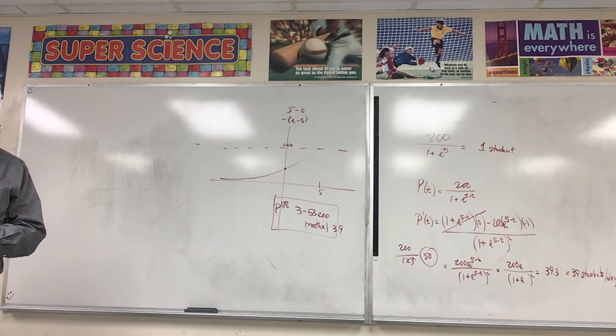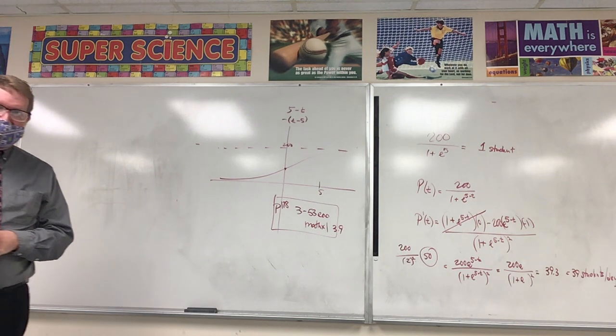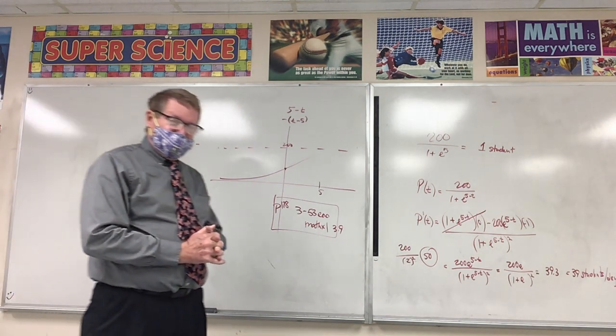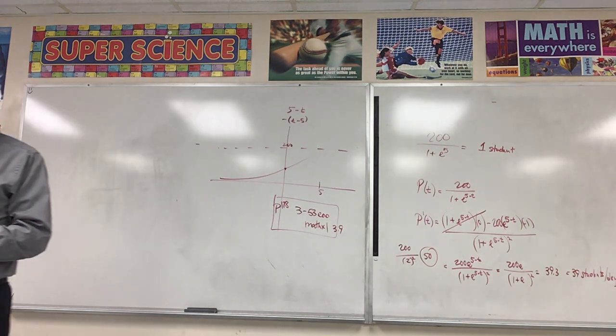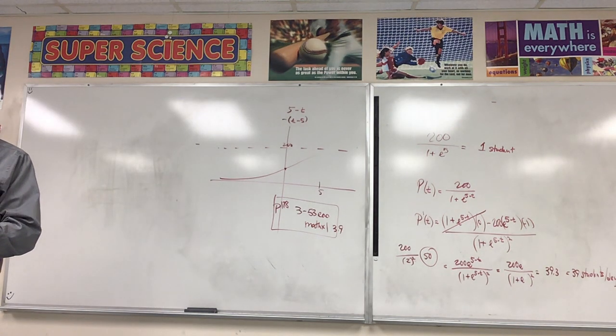So the logarithmic differentiation won't be on it? Yes, it will. But your quiz is just, we already did 3.5, 3.6, right? So it'd just be 3.7, 3.8, and 3.9.